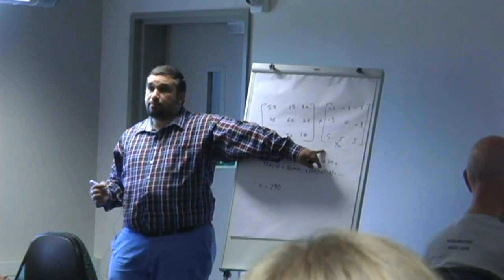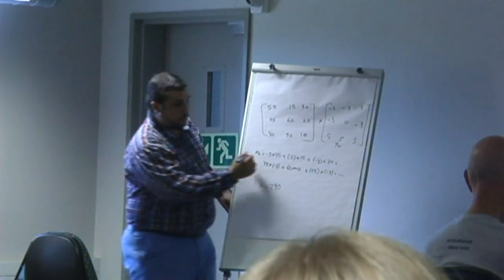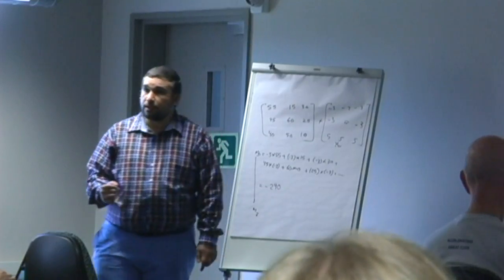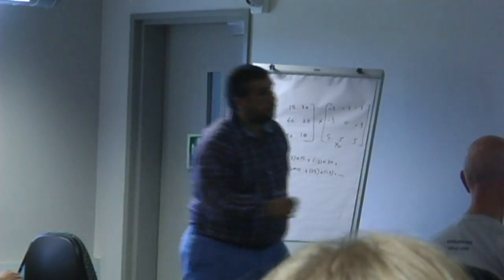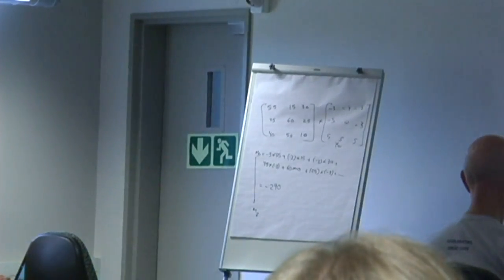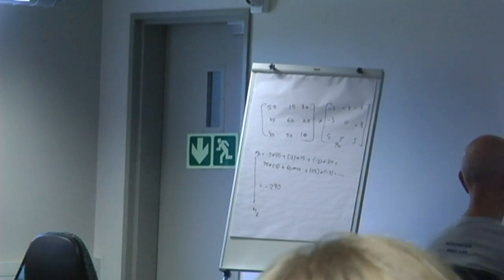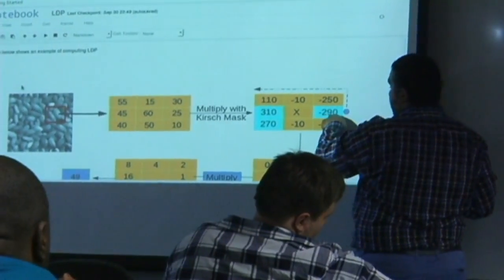And remember, we have 8 masks, so we have M1 until M7. If you look here, this is M0, which multiplies the original with the first mask and gives me 290.